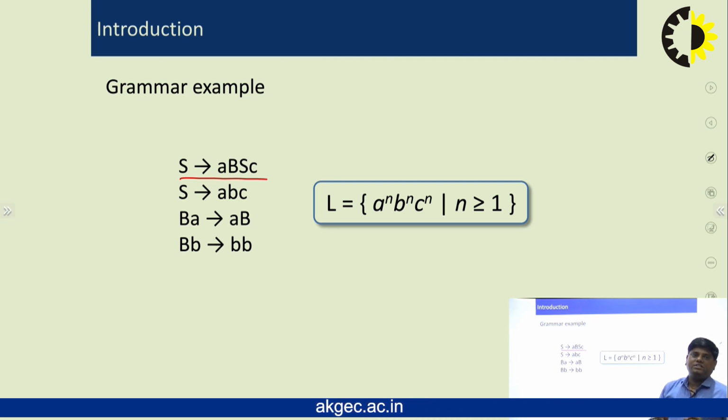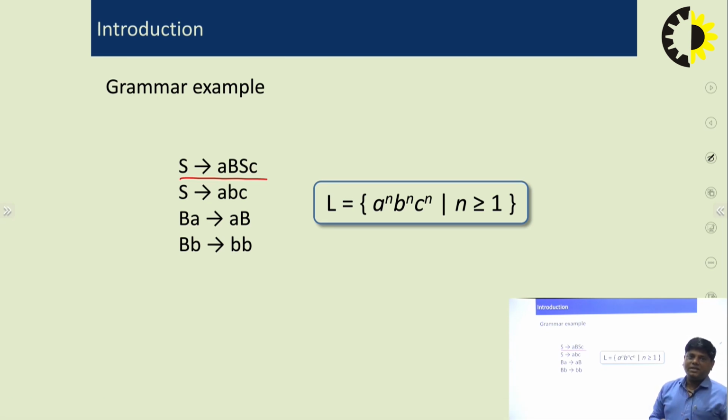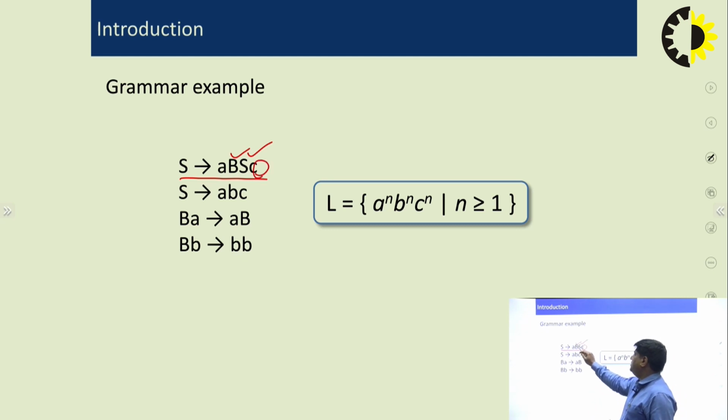The right side in a CFG is a combination of terminals and non-terminals, and the left side in a CFG is only non-terminal. Here S is a non-terminal, and these two symbols, small a and small c, are terminals.